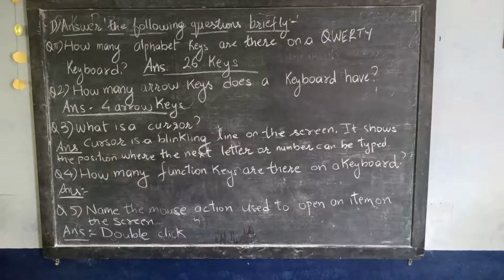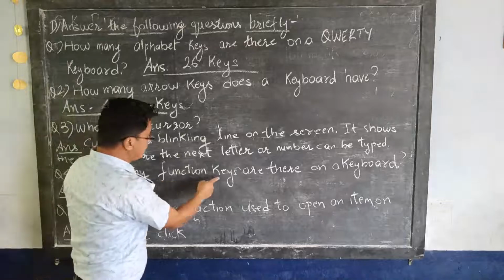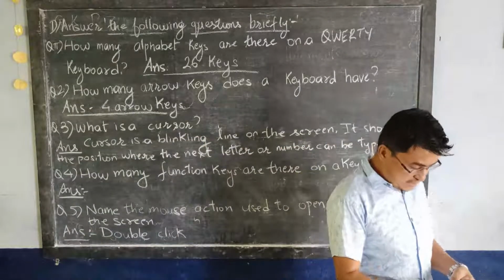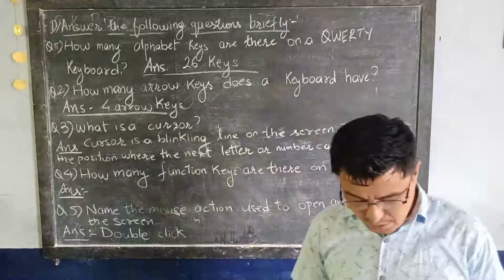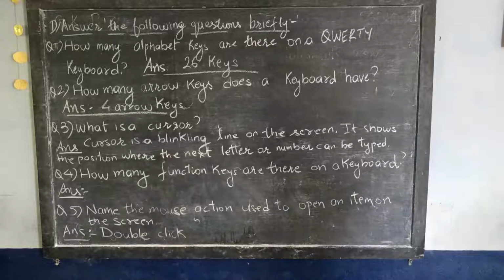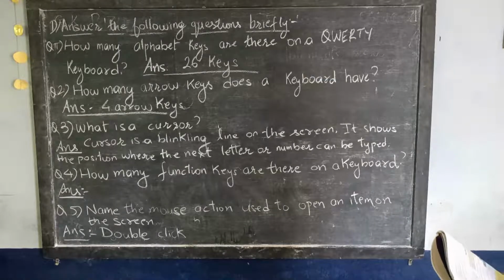Now, question number 4. How many function keys are there on a keyboard? Look at page 48 again. Function keys. The keys on the topmost row of the keyboard are called function keys. There are 12 function keys.